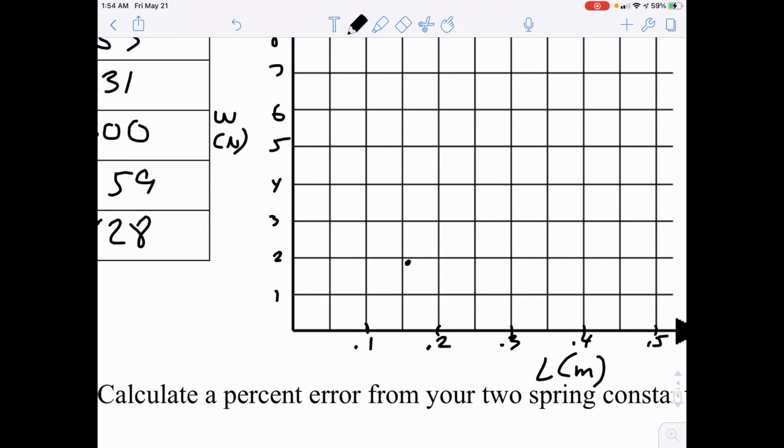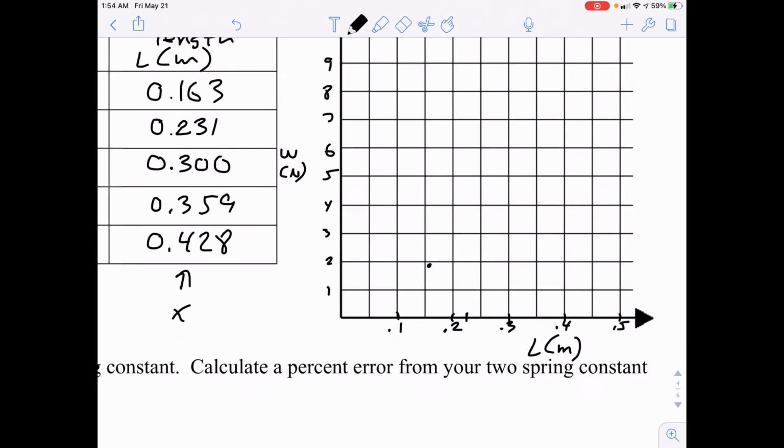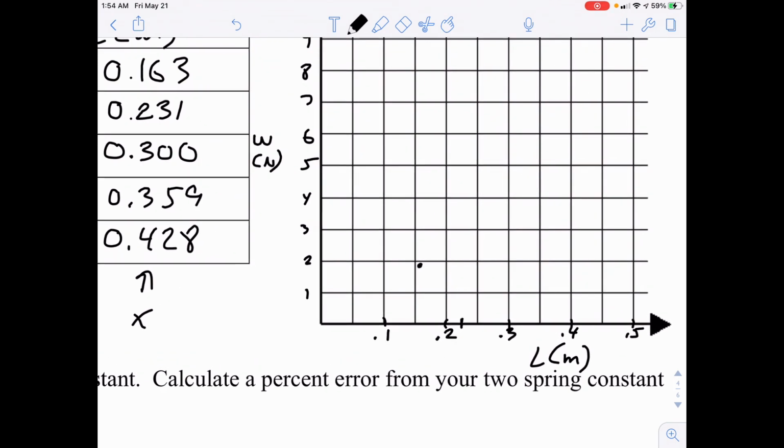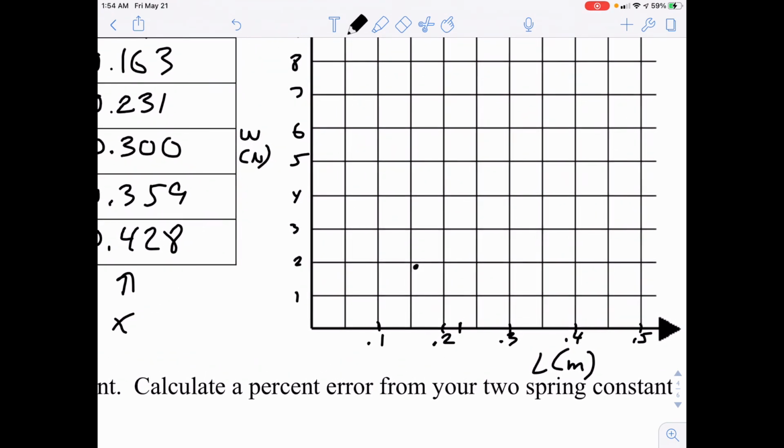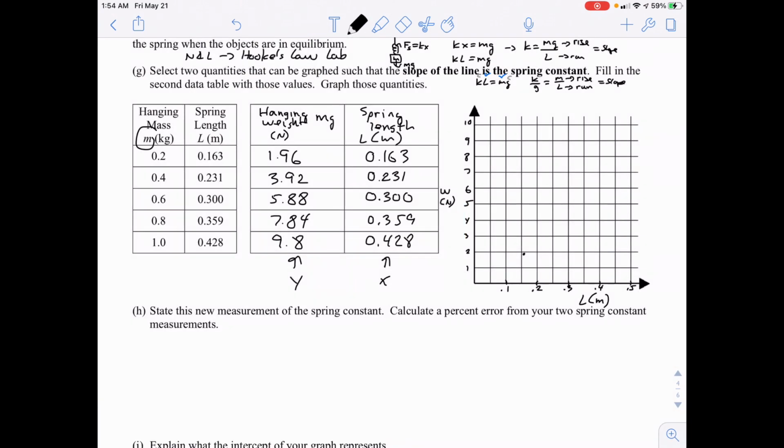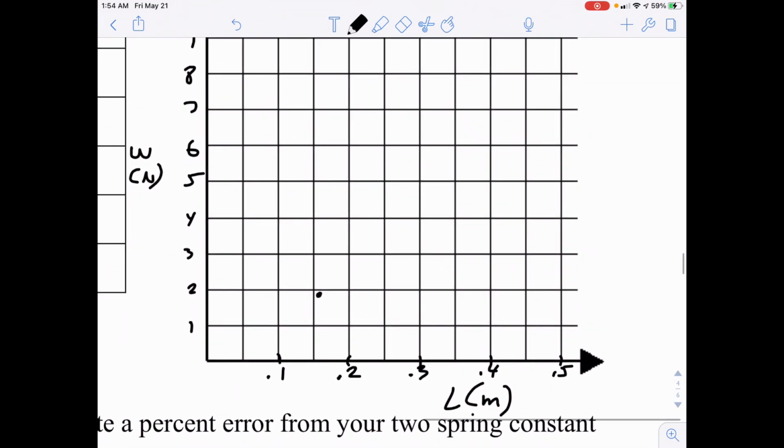So this would be 2.25. 2.23, so 0.25 is 2.25. So 0.23 is less than that, so a little bit less, and then up almost 4. 3.92. So about right there.